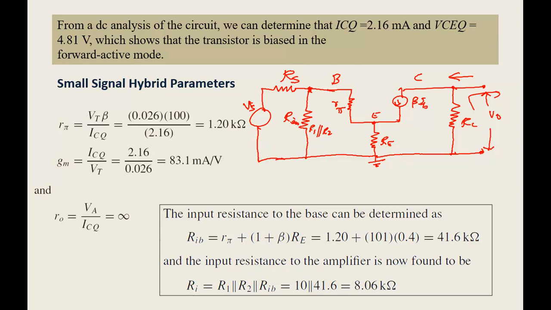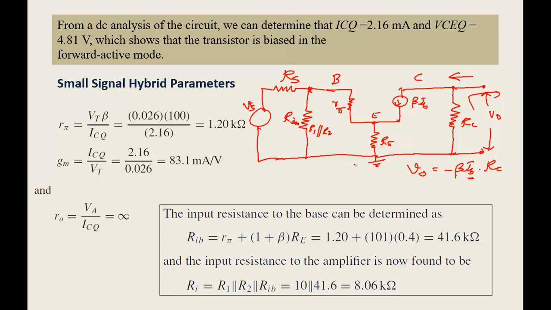Now I can find out the formula straight away. What is my V naught? V naught is the voltage across the RC. The current flowing through it is beta IB, so it is basically minus beta IB into RC. If I know IB, then I can easily find V naught.